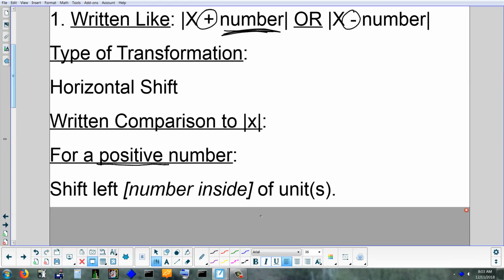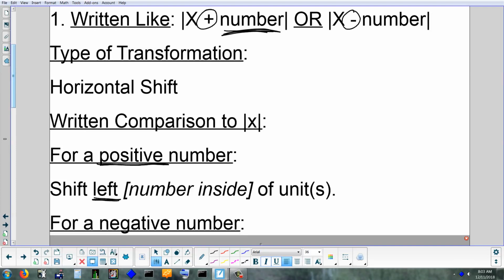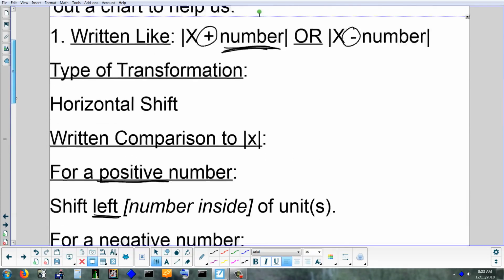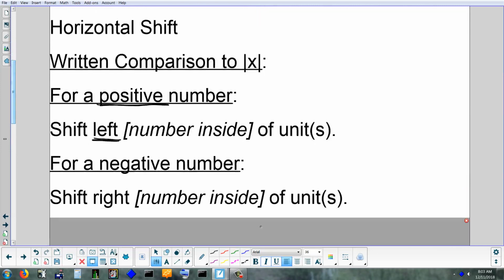So positive is left. So negative would be right. Negative, like here, would be to the right. All right, so if it's a negative inside the bars, you would say shift right blank units, whatever the number is. Don't say shift right negative 2 units.